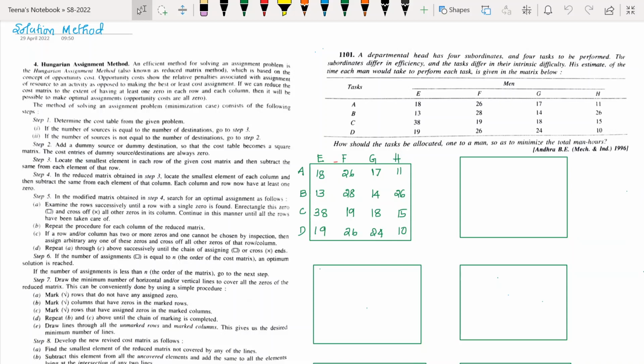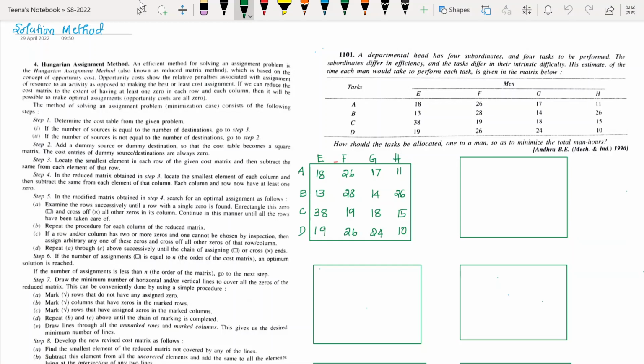As you can see, there is a number 4 associated with the Hungarian assignment method, and we prefer this 4th method. The previous methods are the complete enumeration method, the transportation method, and the simplex method, and this is the 4th one. We prefer it because it is the simplest possible method. This is the most efficient method for solving the assignment problem.